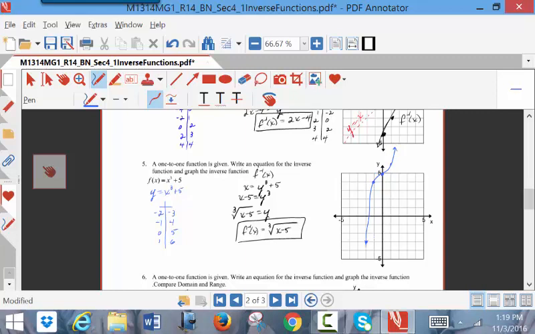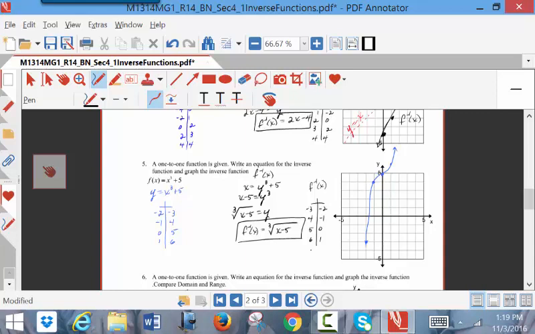Now, to graph the cube root, this table is real easy to do now. I just interchange all those ordered pairs. So this table is my inverse points. This is going to be negative 3, negative 2; 4, negative 1; 5, 0; and 6, 1.